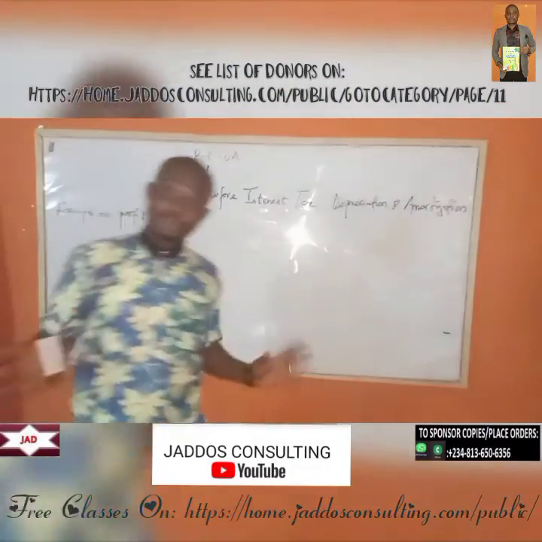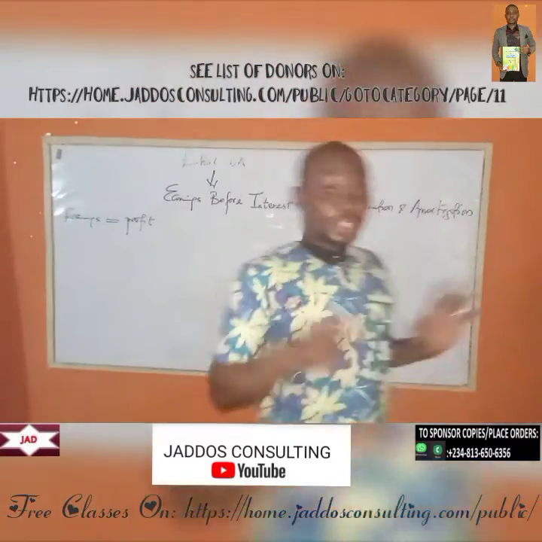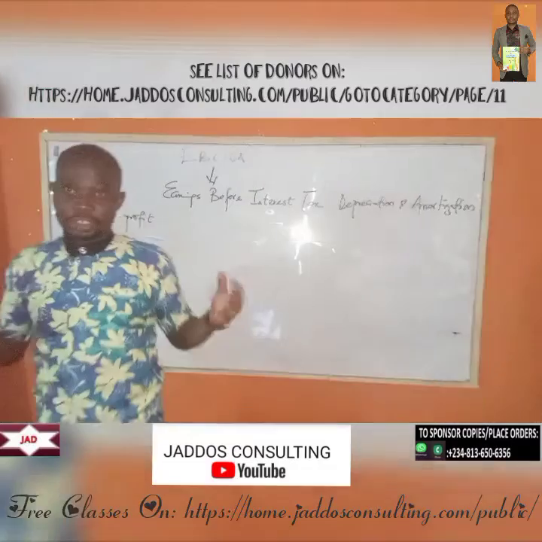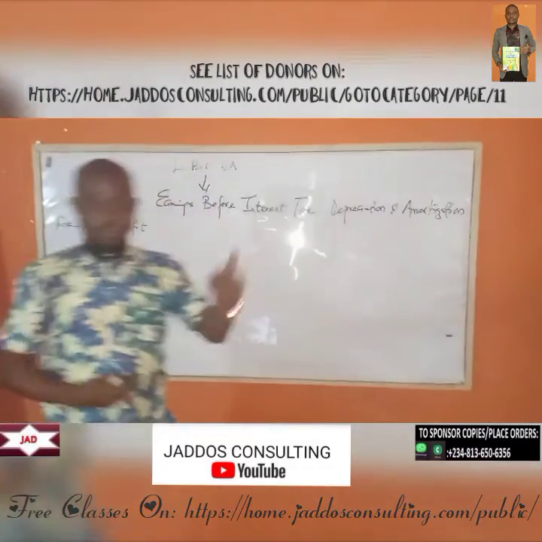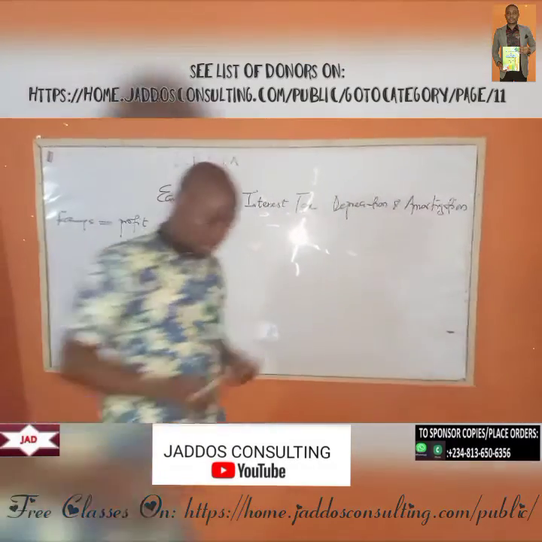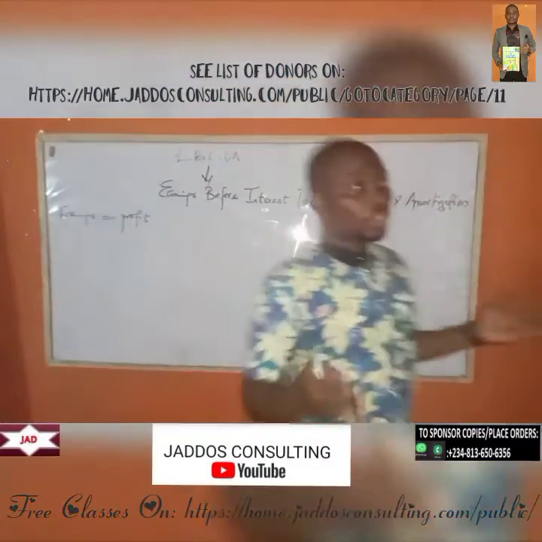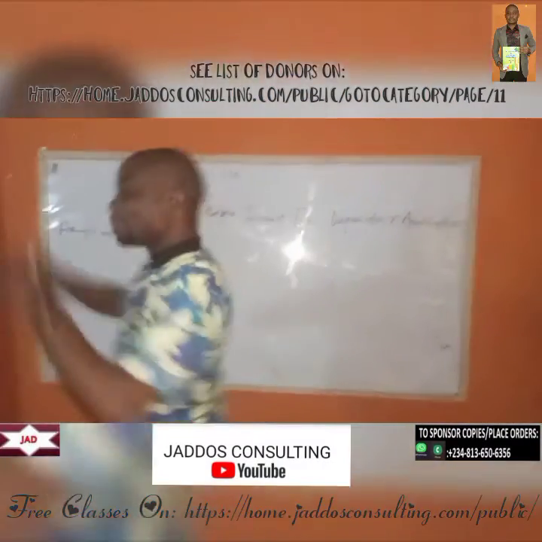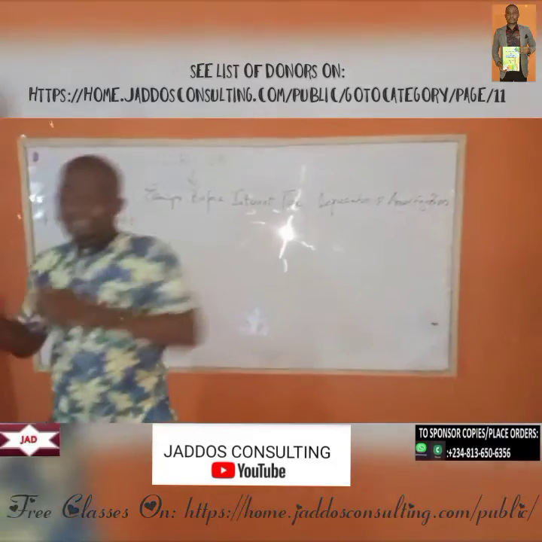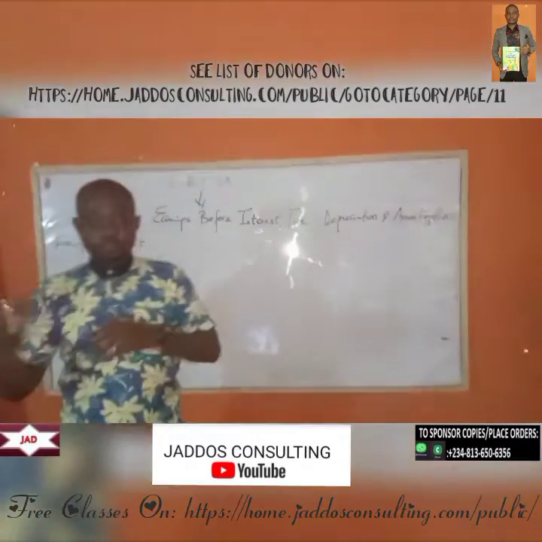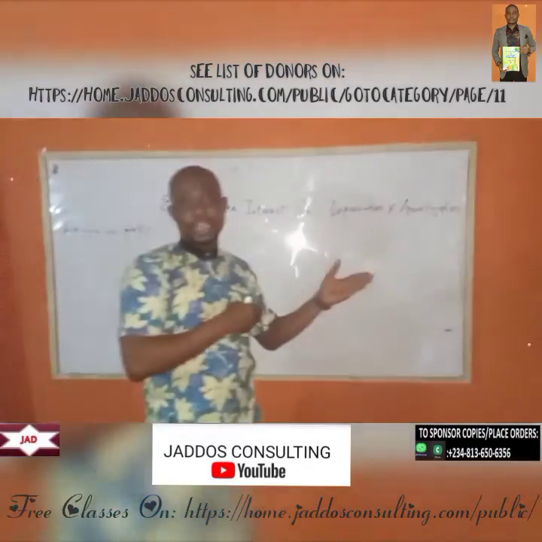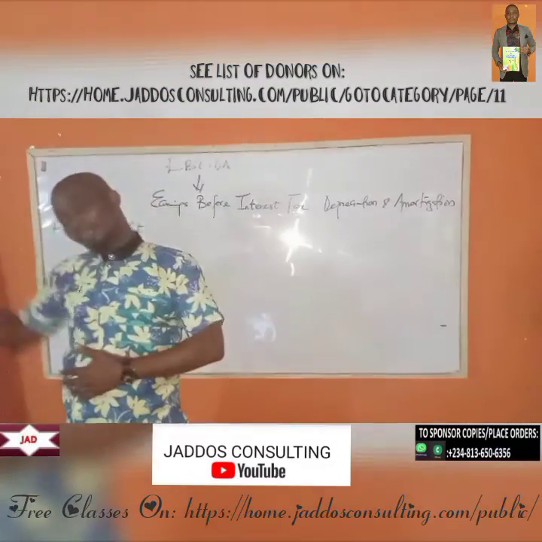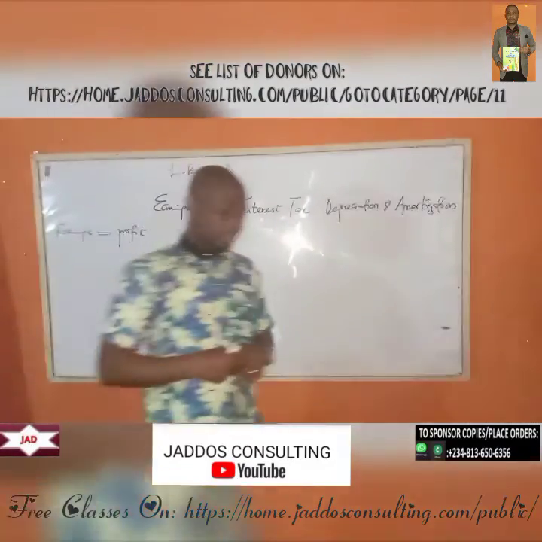Of course, depreciation that we charge as an expense does not involve movement of cash. It's a gradual write-off of the capital expenditure incurred at a particular period of time over several periods of time. So if you bought a vehicle for, let's say, 10 million naira, you write it off gradually, maybe over 5 years, depending on the policy of the organization.